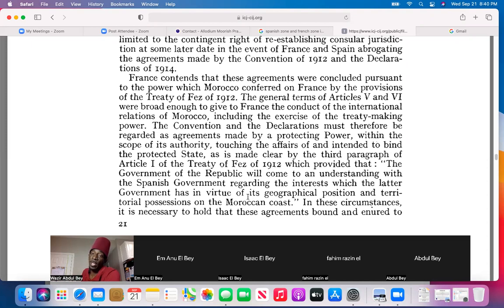The convention and the declarations must therefore be regarded as agreements made by a protecting power within the scope of its authority, touching the affairs of and intended to bind the protected State, as is made clear by the third paragraph of Article 1 of the Treaty of Fez of 1912, which provided that the government of the Republic will come to an understanding with the Spanish government regarding the interests which the latter government has in virtue of its geographical position and territorial possessions on the Moroccan coast.